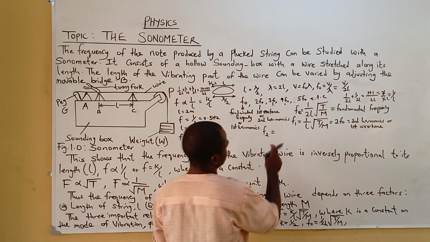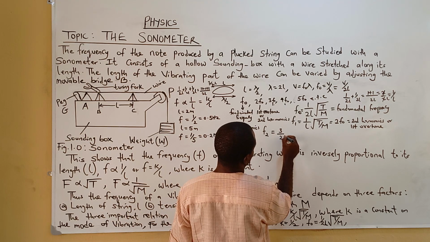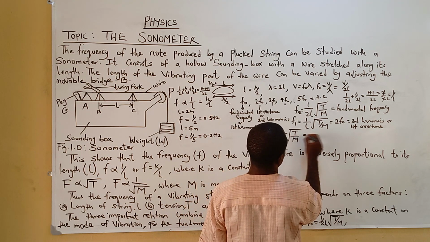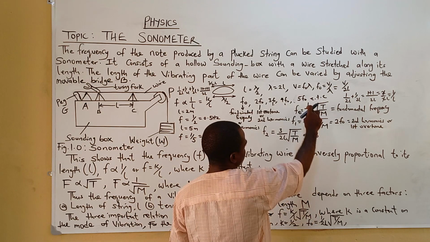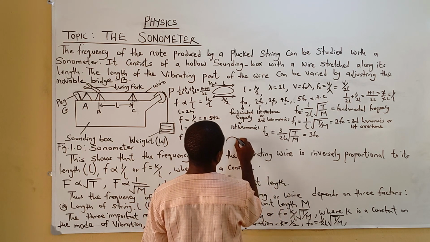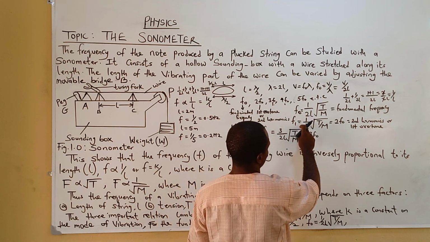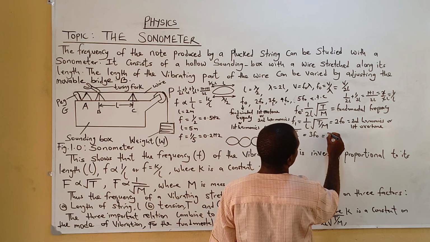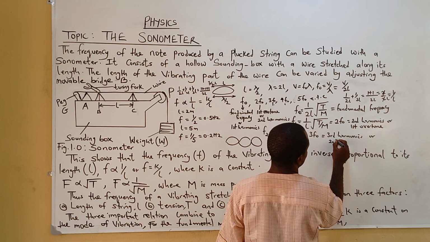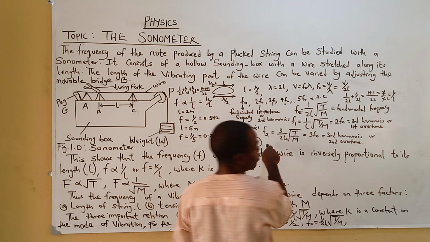That means that f3 will now be 3 over 2L times the square root of tension over mass per unit length, which is 3f naught. Combine this one three times to give all this. That means that this one is 3 loops, while the other one will be 2 loops. You have 3f naught, which is equal to the third harmonic or second overtone. That's it.